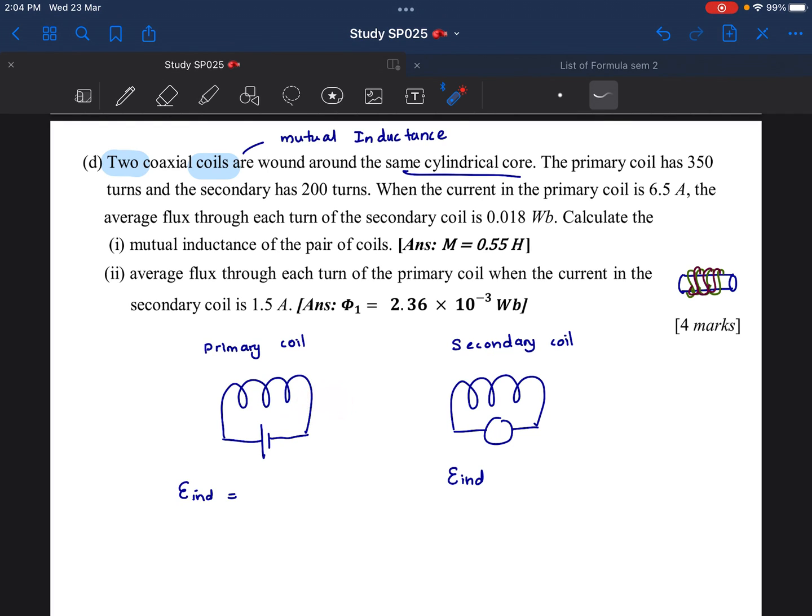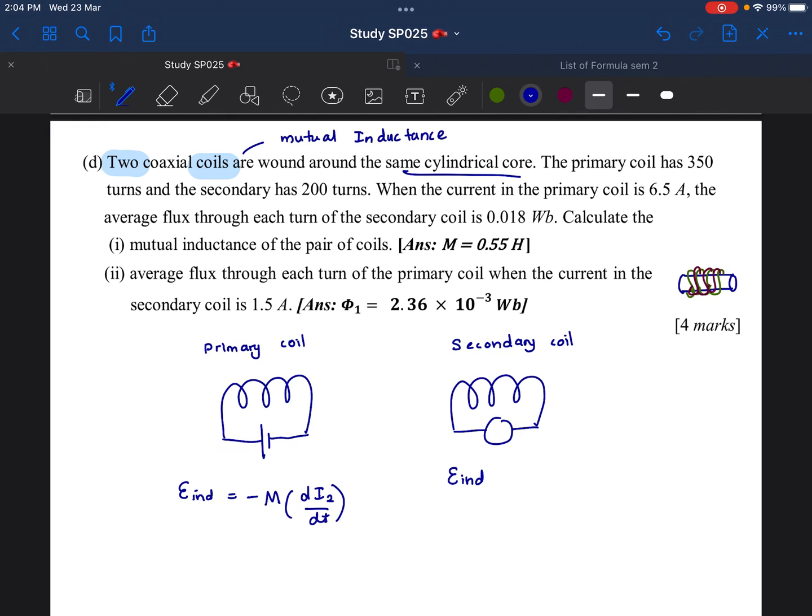Jadi kalau kita untuk tulis equation dia, it would be EMF induced equals to negative M, ni indicates sensor. It's a concept, you just write down in the calculation. So M indicates constant for mutual inductance, and then kadar perubahan current di secondary coil, kita tulis sebagai rate of change of current dI2 over dt.